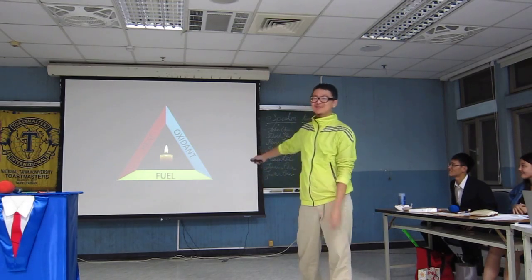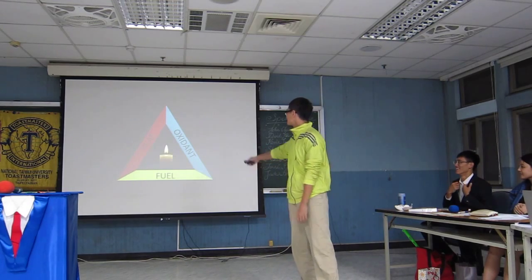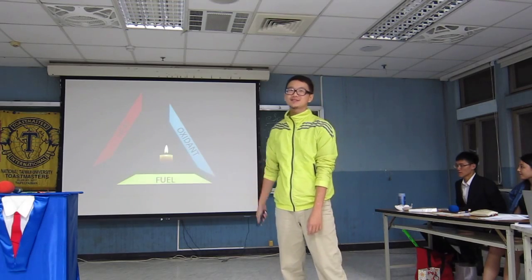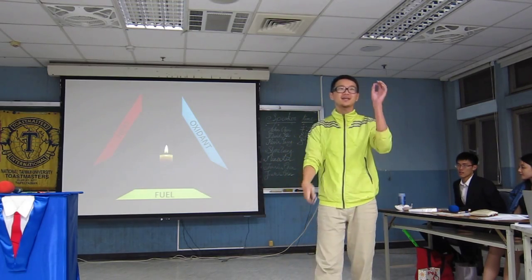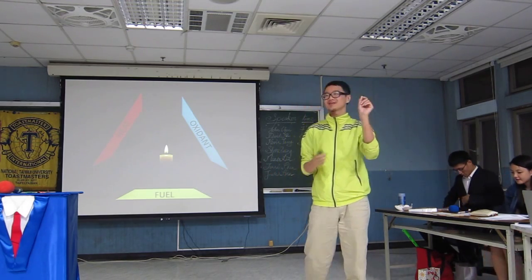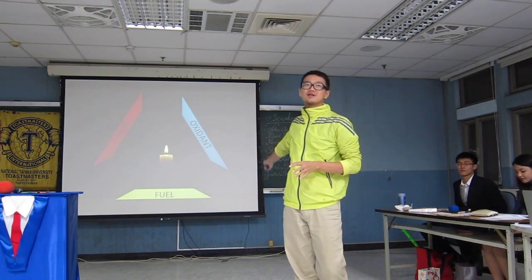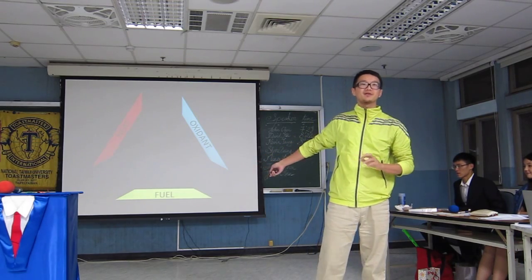We just blow away the hot air and temporarily separate the oxidant and the fuel. The fuel in this case is the candle wick and the wax. So we temporarily separate these things, and the fire will gradually die down. So the fire is put out in this case.